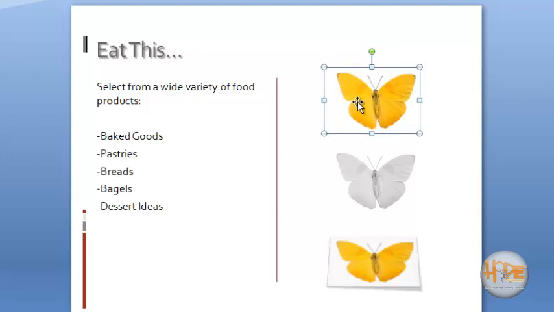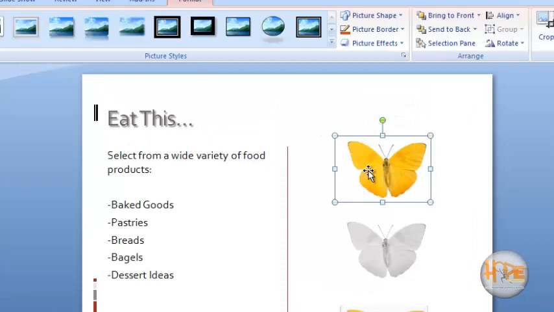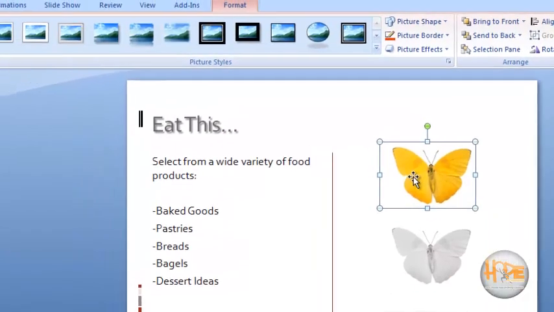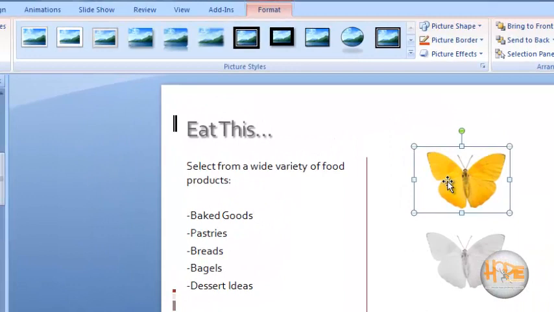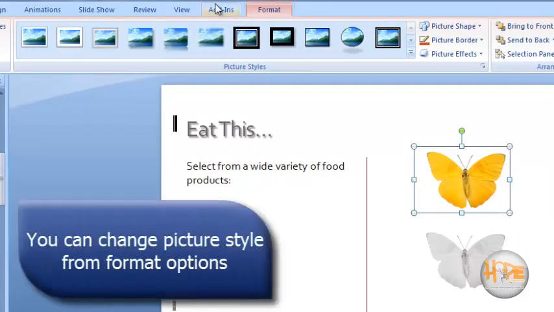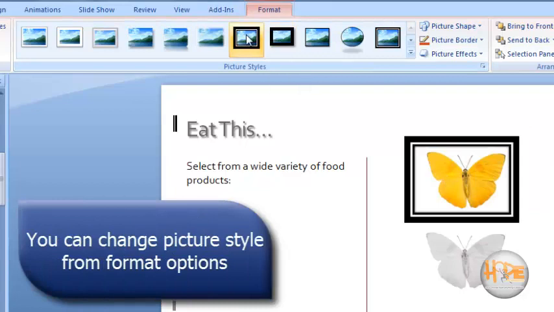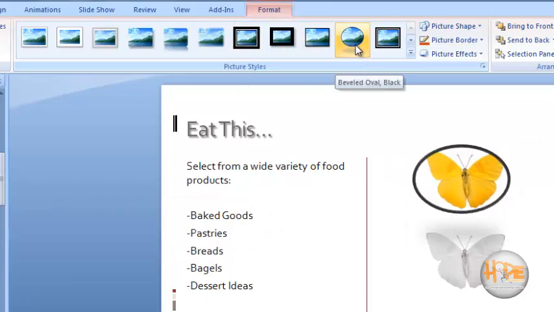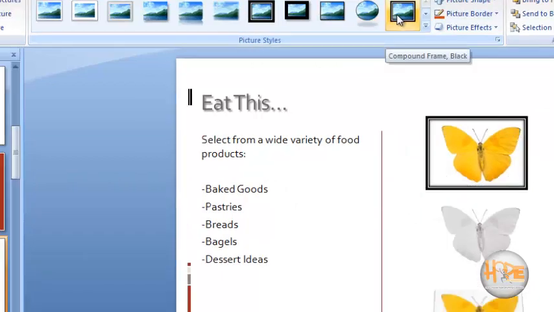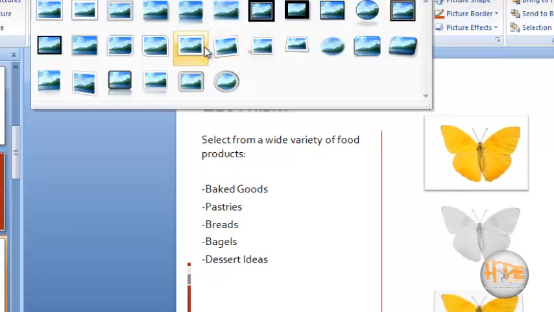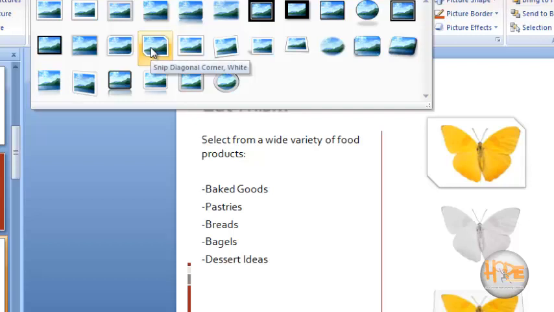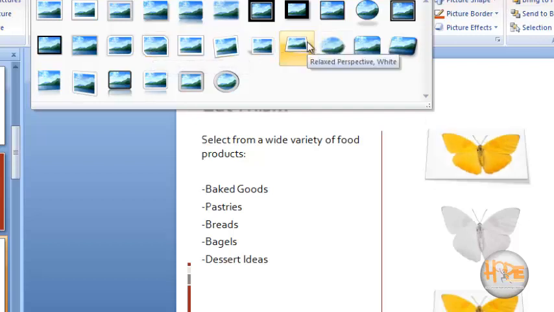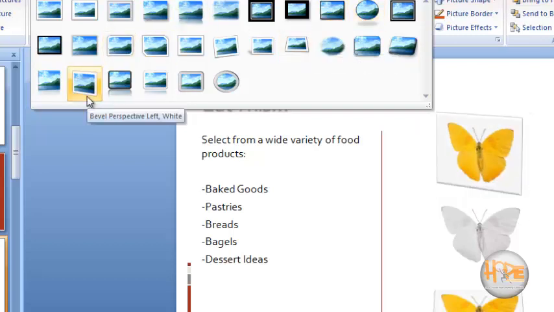Now we can format our image using various styles provided by the Format options. For example, we can set styles to pictures like this wide border, this thin border, this simple frame, this bevel oval black, compound frame, and other options which are here like this snip diagonal, this relaxed perspective white, or any other option which you want to set.